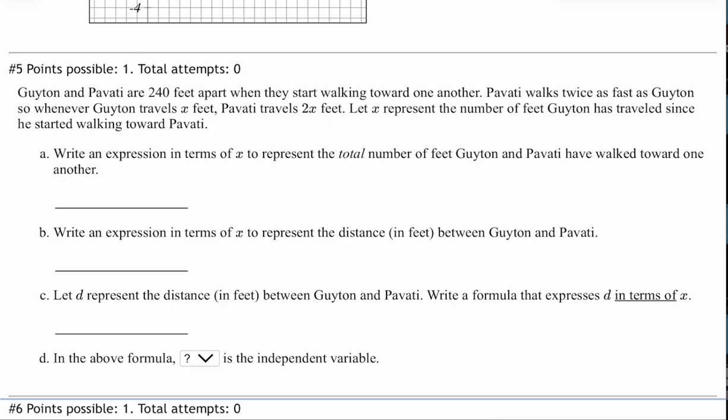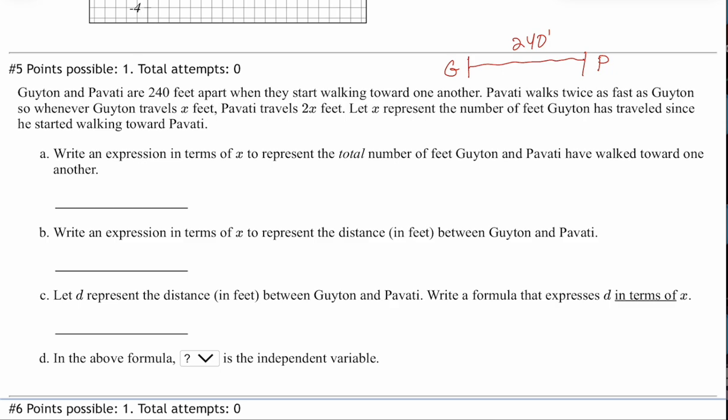So I'm going to draw a little picture here, and I'm just going to put their initials to remind me. And then I'm going to put 240 feet. Pavati walks twice as fast as Guten. So when Guten travels x feet, Pavati travels 2x feet.